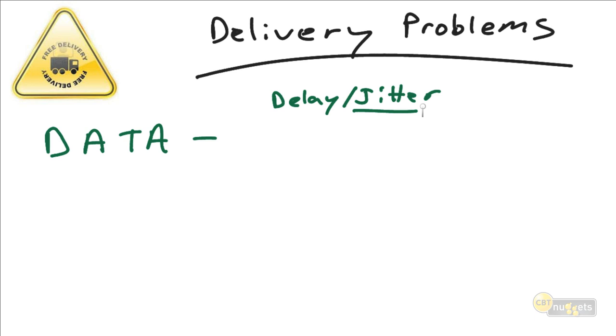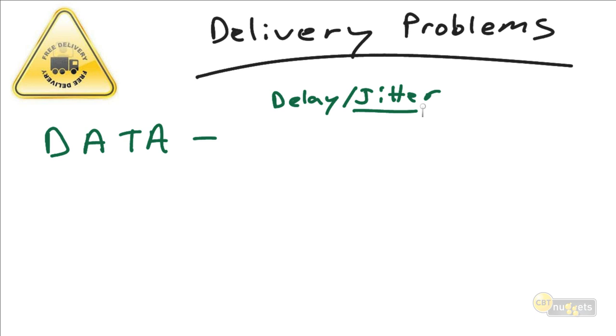If your web client and your web server know that there's going to be about a 500 millisecond delay between them and it stays consistent, you can design the browser and you can design the web server to accommodate that. But what if the delay isn't consistent? What if one minute the delay is 500 milliseconds and the next minute the delay is 3,000 milliseconds? This is called jitter, variations in delay.